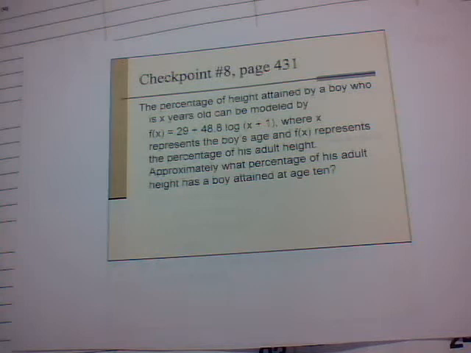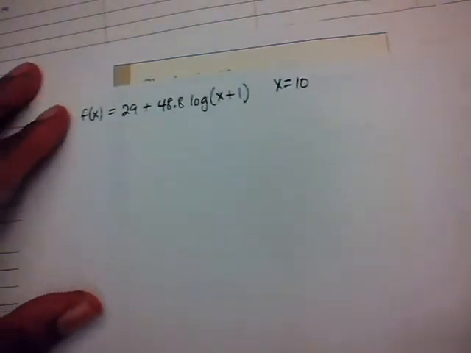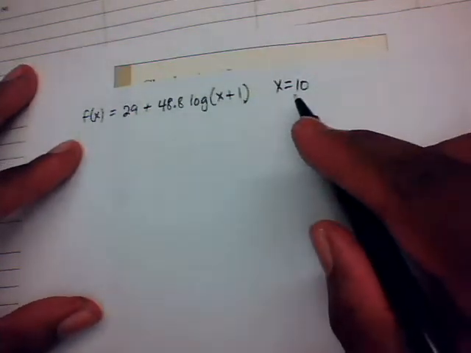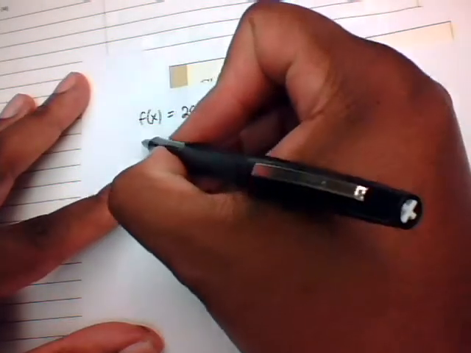Approximately what percentage of his adult height has a boy attained at age 10? Okay, so here's the function, and here x is going to be equal to 10. So we're going to be evaluating f of 10.